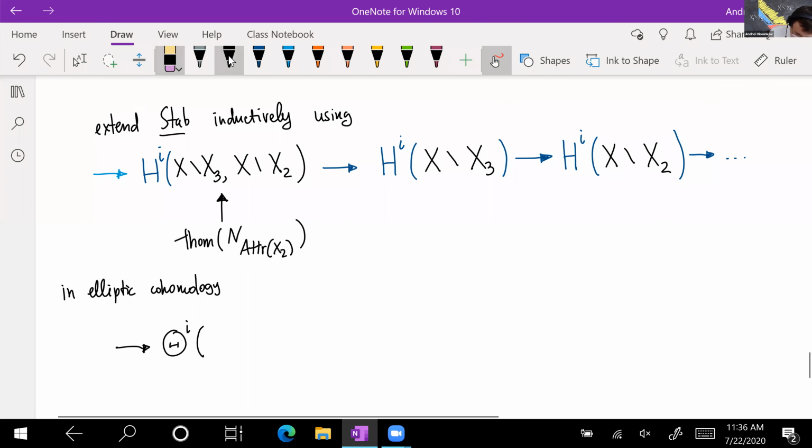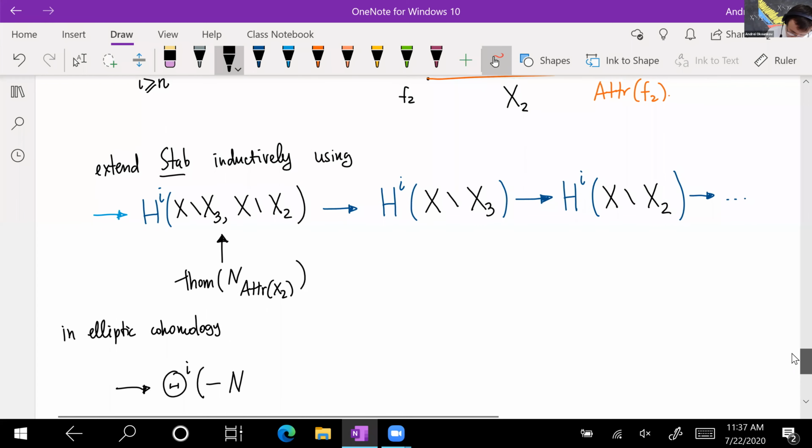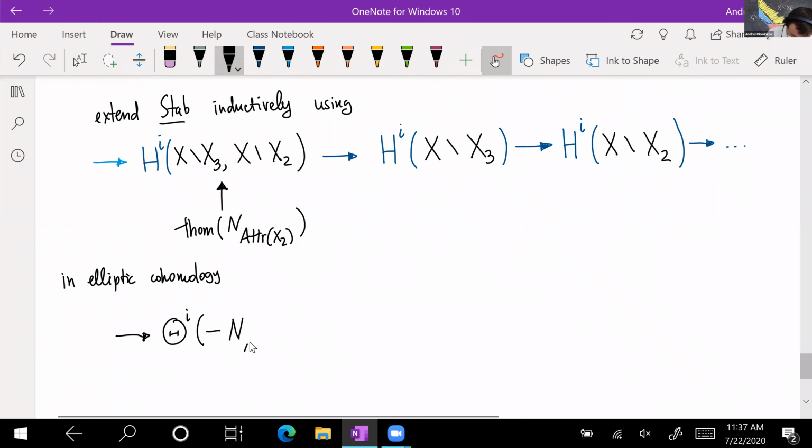There's the cohomology of a Thom space, that's the theta bundle, that's the theta of minus the normal bundle to the attracting manifold.